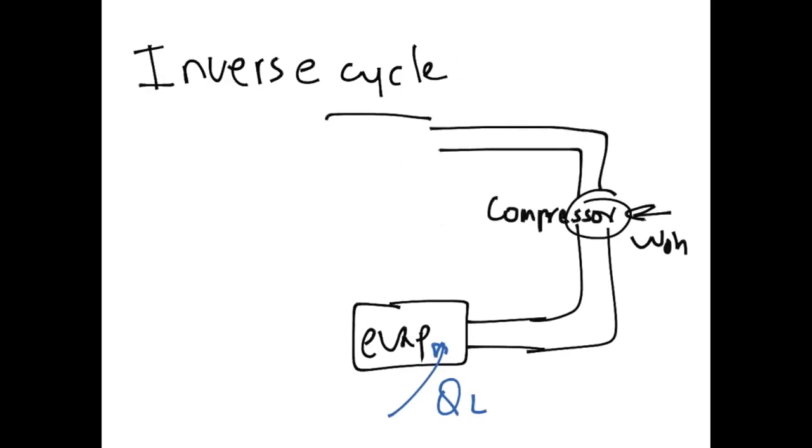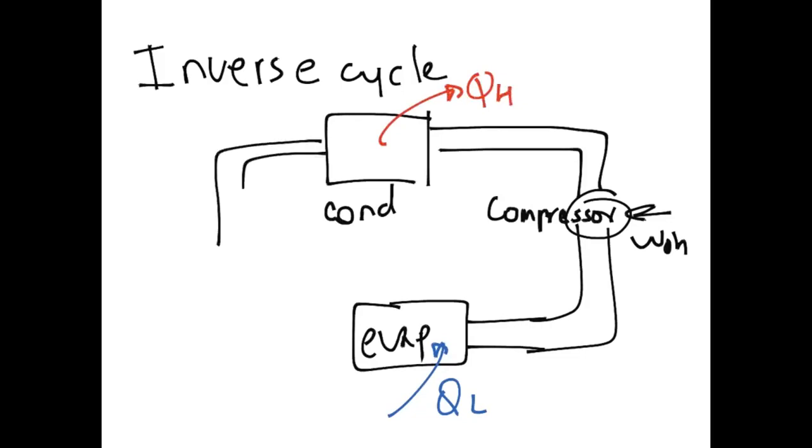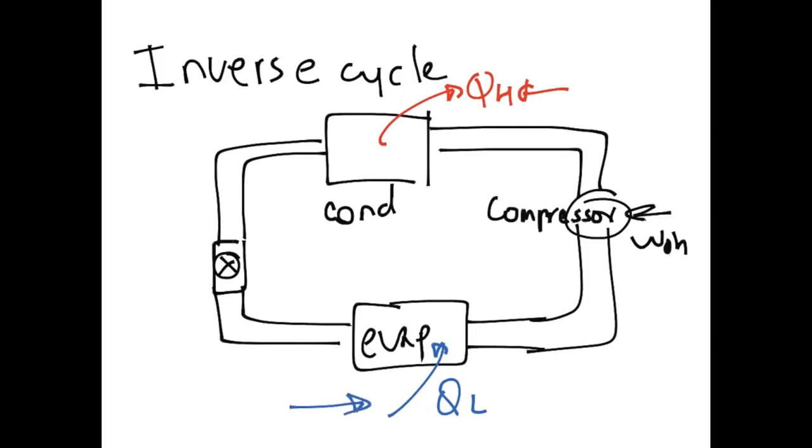After compressing it, you have a condenser, and in this condenser you get rid of heat. At the very end, you input the refrigerant into a throttling valve, and then you close the cycle. In this kind of inverse cycle, you might want to produce heat from work. This is a heater. Or you might want to get rid of heat. That could be a refrigerator.